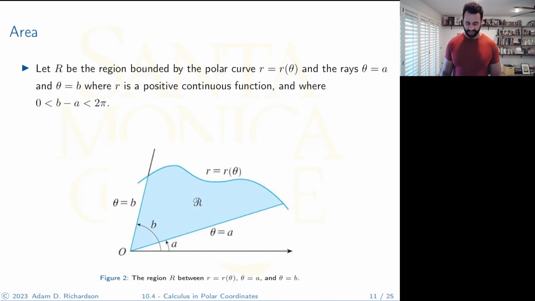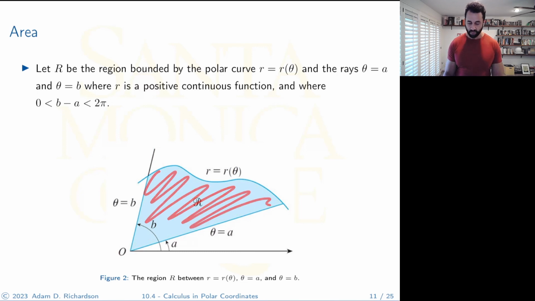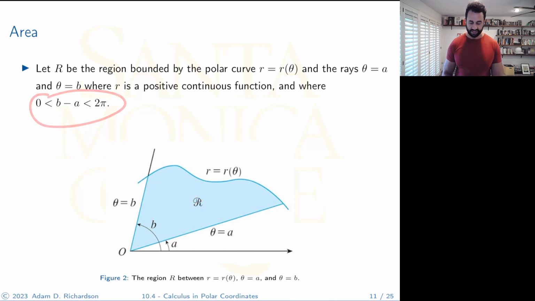So here we go. Let's say this is the region that we want to find the area for. And this region is given by a polar function where r is a function of theta. And let's say we want to find the area of this region between the rays theta equals a and theta equals b. We're also going to assume that we're not wrapping around the pole more than once.